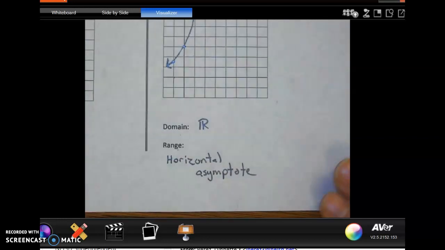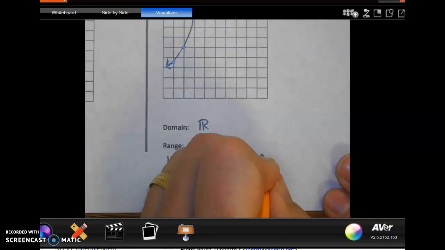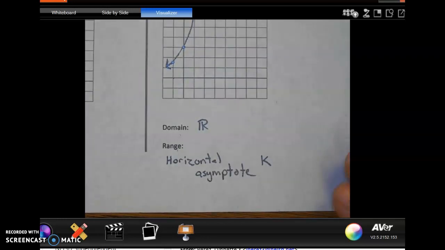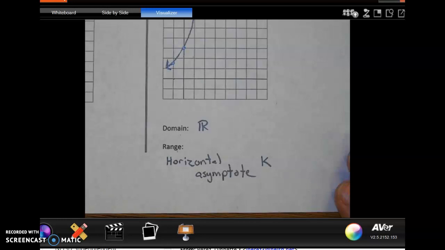And our horizontal asymptote is going to be related to our k value. Now our k value, if you'll recall from our parameter changes, is the number that translates the function vertically.